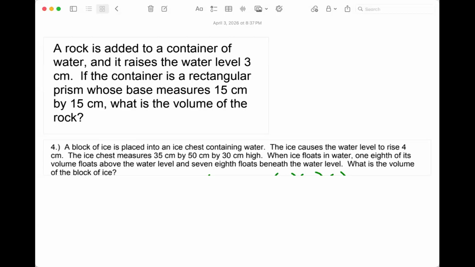A rock is added to a container of water and it raises the level of the water by 3. It doesn't have to, right? It's asking only for the volume of the rock. We are not finding the volume of the container. Only when we are asked for the volume of the container, you need the height. But good questions.